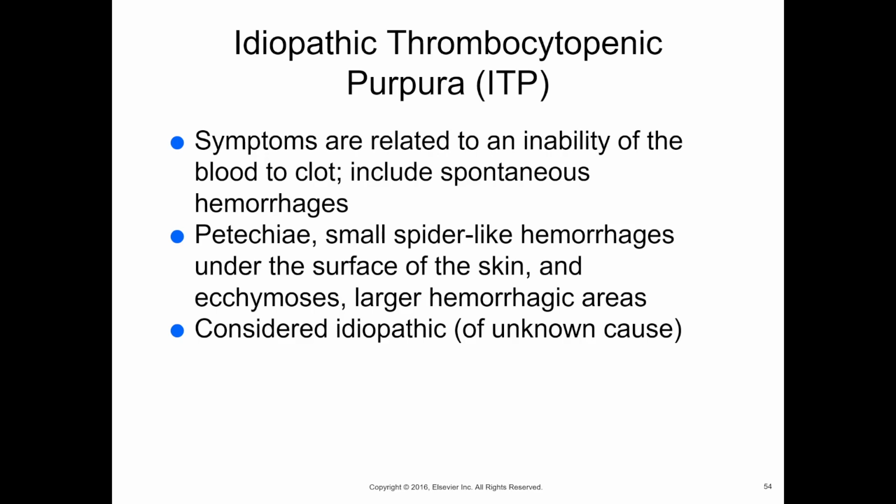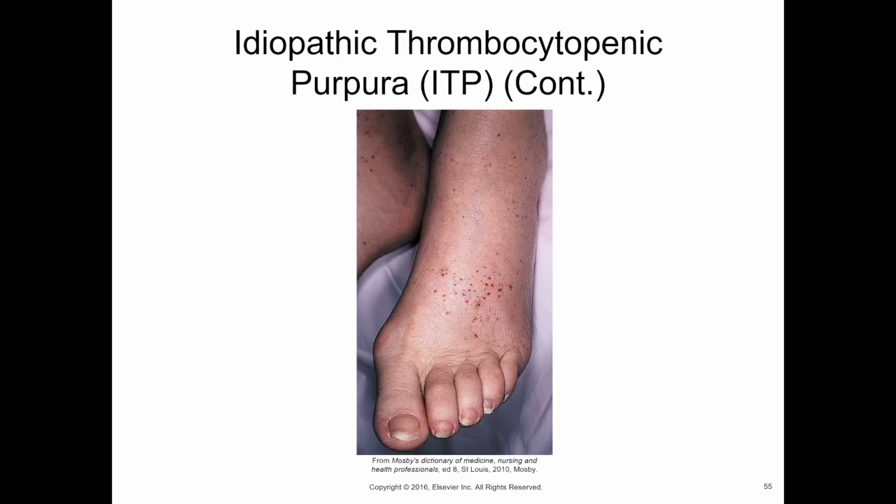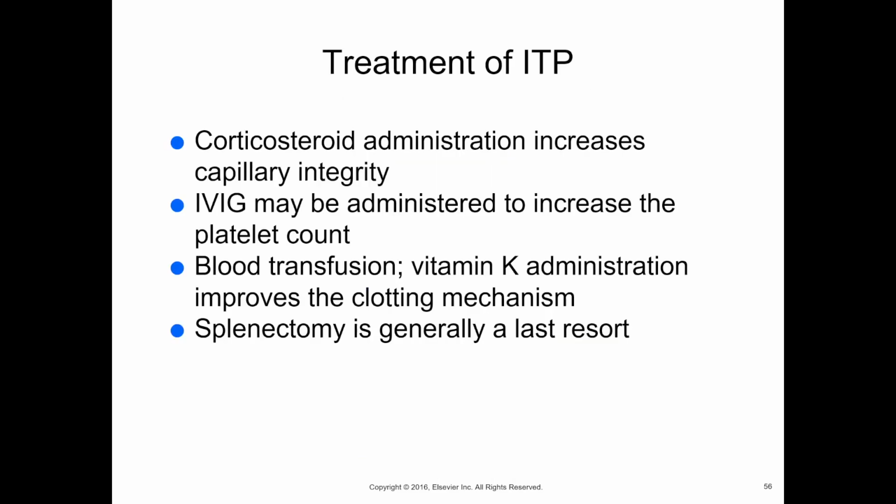It is idiopathic, meaning we don't actually really know the underlying cause. And one of the most common things you'll see, as you see on this page, is kind of these pinpoint hemorrhages under the skin. And again, there's nothing that's going to cause these widespread hemorrhages. This isn't like a normal bruise or anything like that.